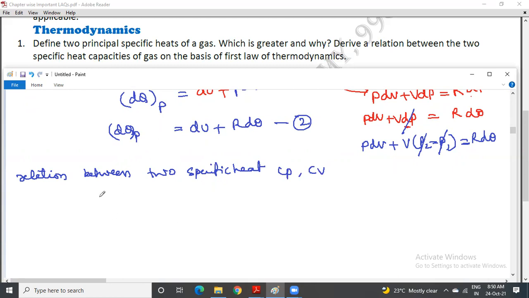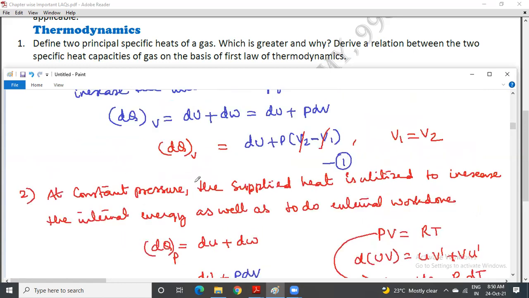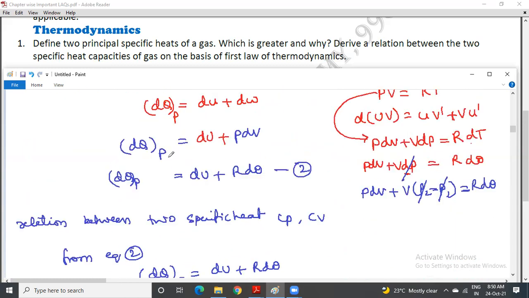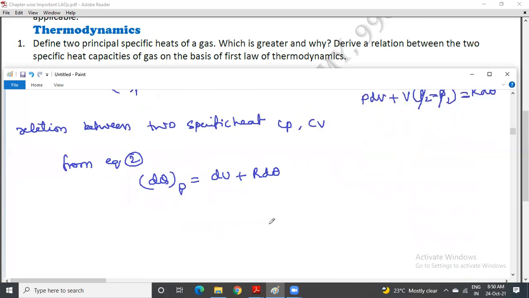Make use of equation 2: dQp is equal to dU plus R d theta. Now substitute the first equation: dU is equal to dQv. So dQp is equal to dQv plus R d theta.